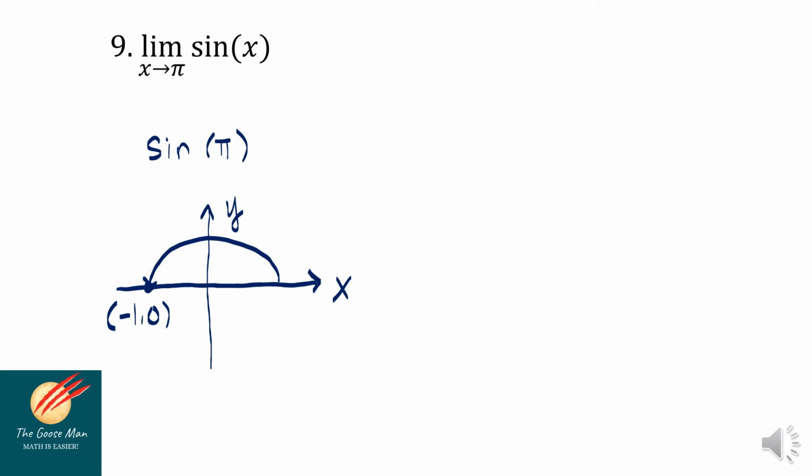Now, it follows that our x is equal to negative 1, y is equal to 0, and since this is a unit circle, our radius is equal to 1. Now, let's recall, sine theta, or sine of an angle, is equal to y over r.